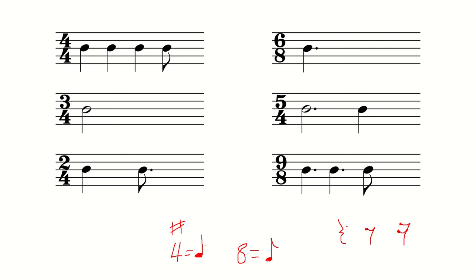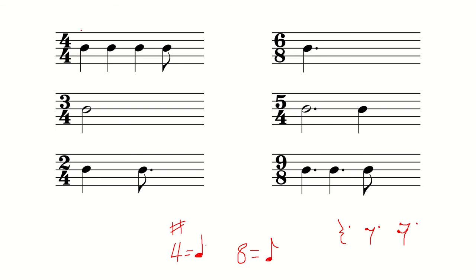And of course we can add a dot after them, which means that they are 1.5 times their length. So that is now a crotchet and a half, that's now a quaver and a half, that's a semiquaver and a half. But we can fill out this question just using them. So let's have a look.